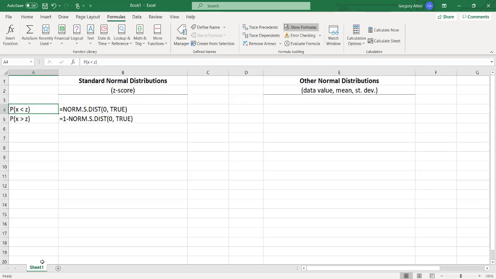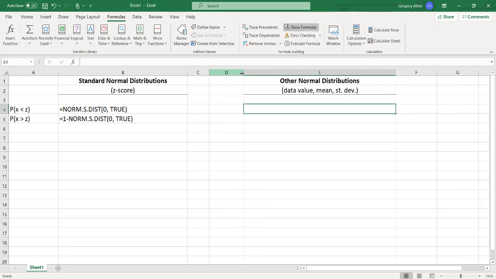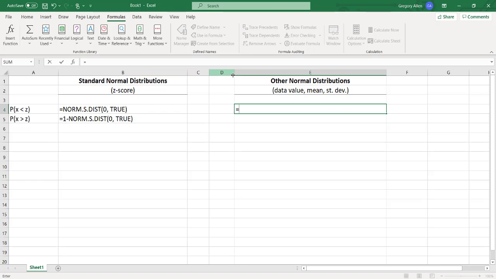Now let's jump over here, and let's say we want to ask the same questions, but now we don't have a z-score. We have a data value. For example, we have a specific height or a specific weight. Well, Excel will do these as well. To do these, we're going to use almost the same function. I'm going to type NORM.DIST.